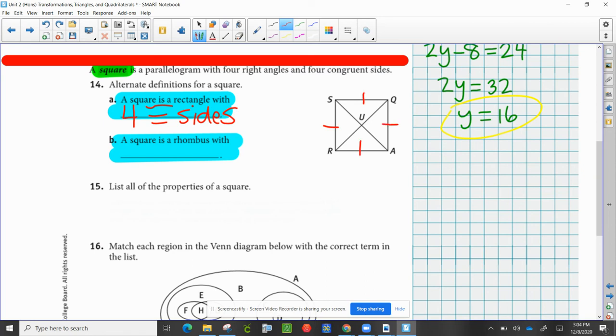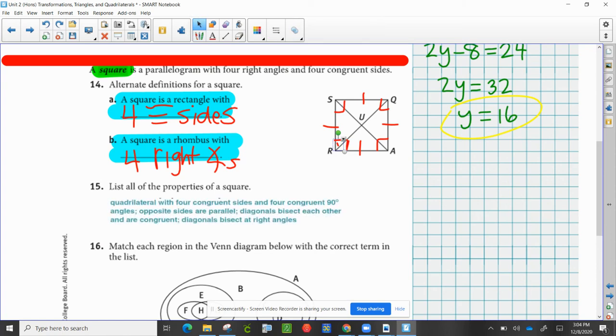And a square is a rhombus, but it just has 4 right angles. So that's why it's similar to a rectangle, because it has those right angles at each of our vertices. And it's similar to a rhombus because it has 4 congruent sides. So that is a square. All the properties that apply to a rectangle also apply to a square. All the properties that apply to a rhombus also apply to a square.